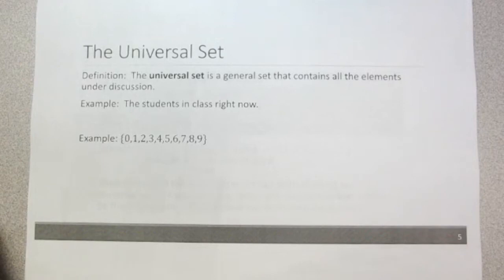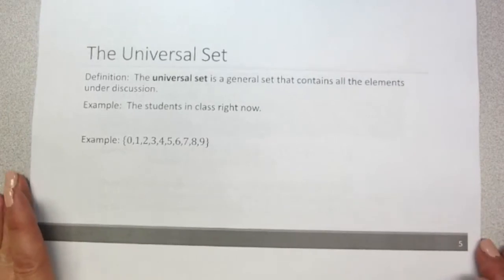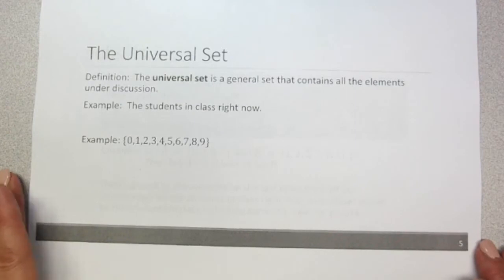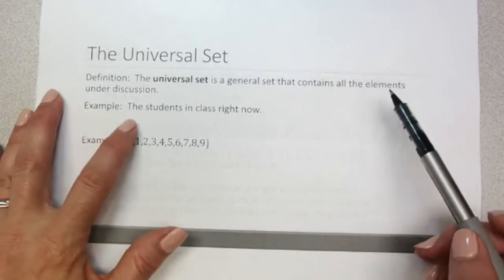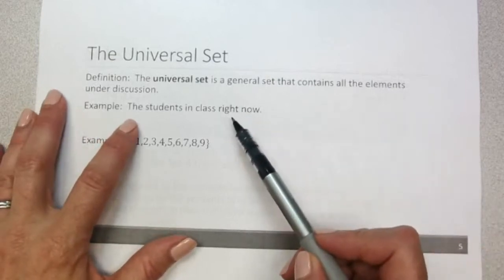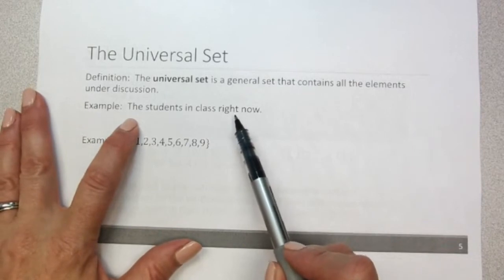All right, one important set when we are studying set theory is the universal set. The universal set defines all the elements that we might be analyzing. One example of a universal set would be the students enrolled in this class right now. We could then analyze those students.